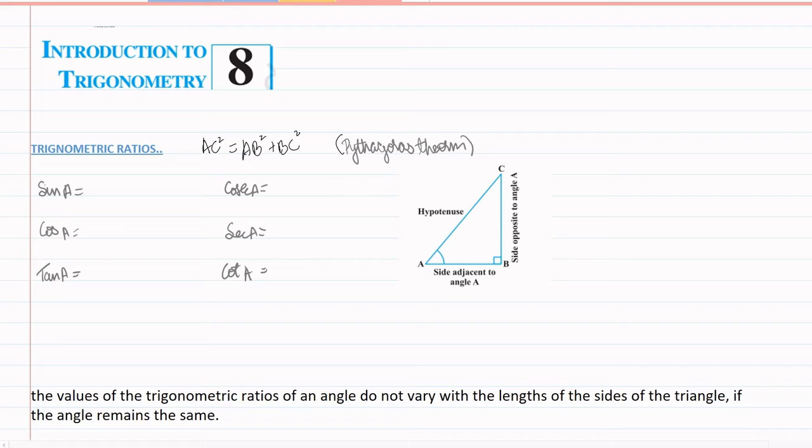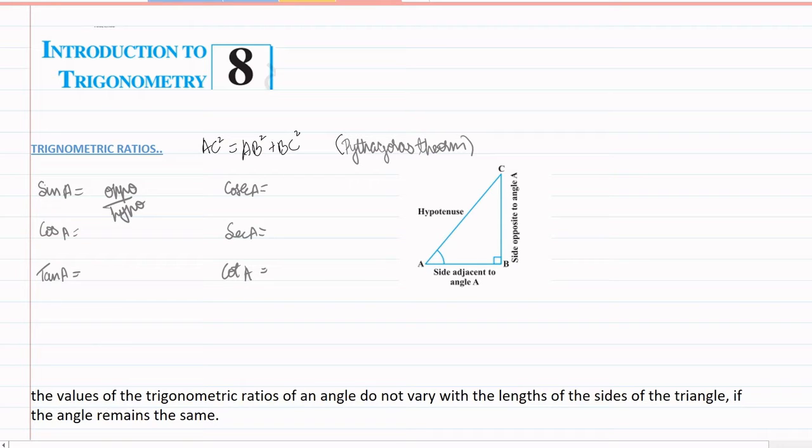Trigonometric ratios are the ratios of any two sides of a triangle, which represent specific angles A, B and C. So sine A, just remember sine A as opposite by hypotenuse. What's hypotenuse?